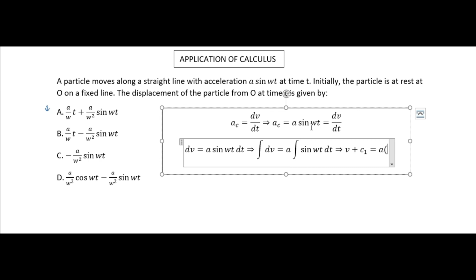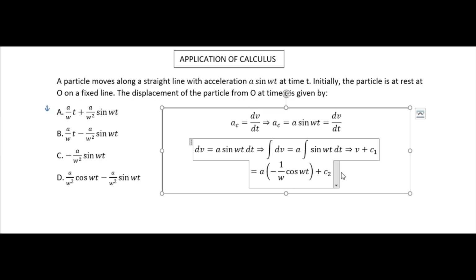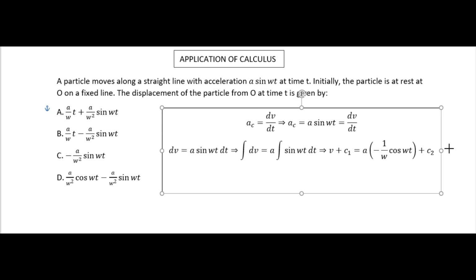Now when I integrate sine omega t, I just have -1 over omega, since I differentiate omega t to give me omega, then I multiply with the cosine of omega t. Then I also need to add another constant of integration, because the right hand side as well is still an indefinite integral.